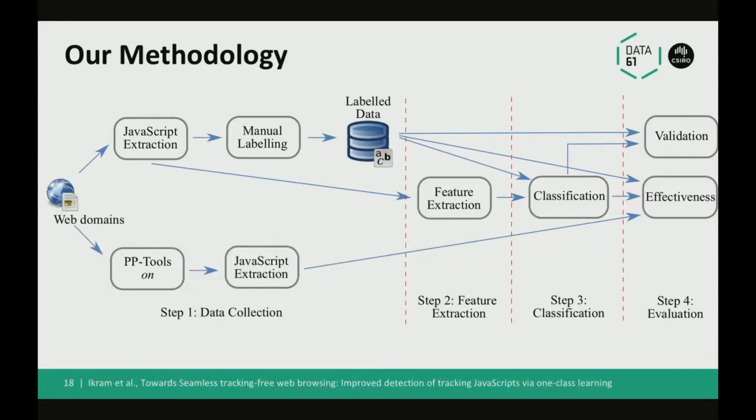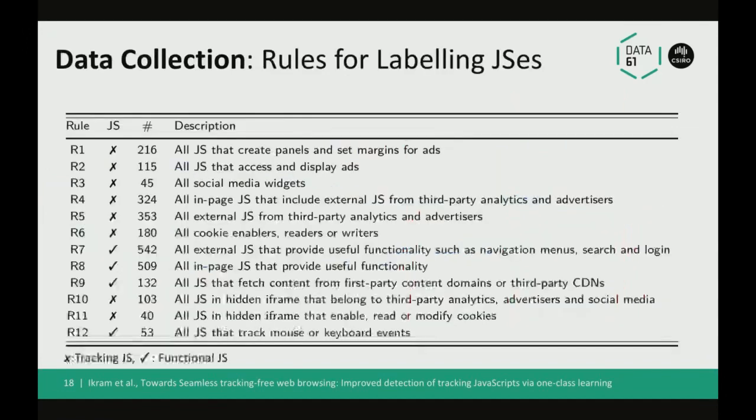We use that labeled data set as the ground truth for our classification. Then in feature extraction, we extract features for our classifier, and then we evaluate privacy-preserving tools and validate our classifier.